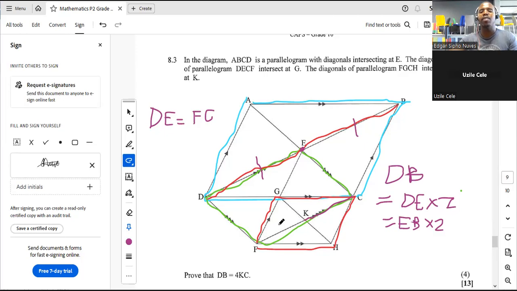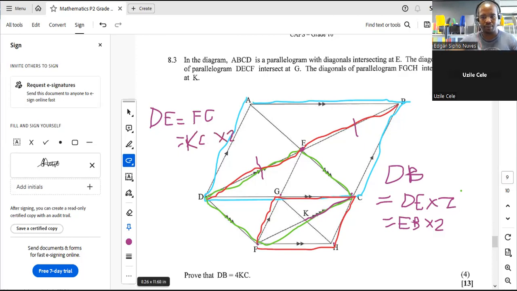Look at the parallelogram FGCH. That will help you get the relationship between KC and FC. We can say KC times 2. Perfect.